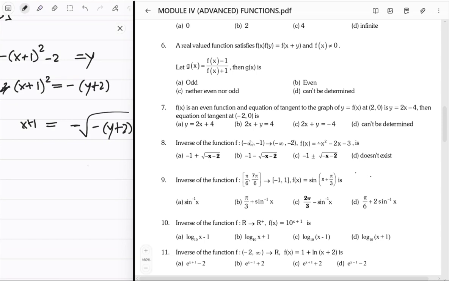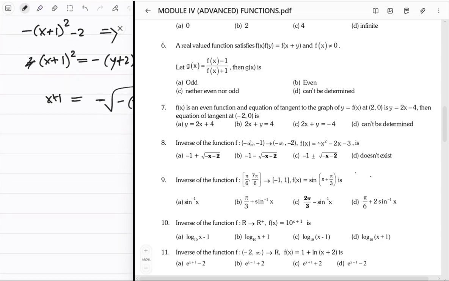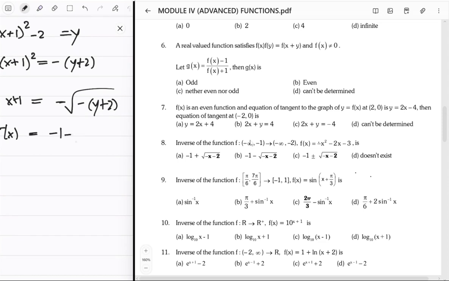So f inverse of x is equal to negative 1 minus the square root of negative (x plus 2). That's a bunch of negatives. If it's x, then it should be x over here as well. Makes sense. Okay, so b should be the answer, I guess.